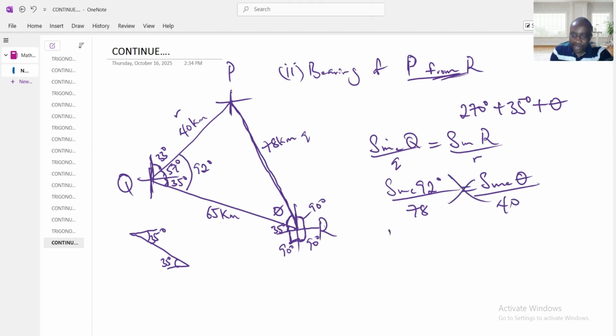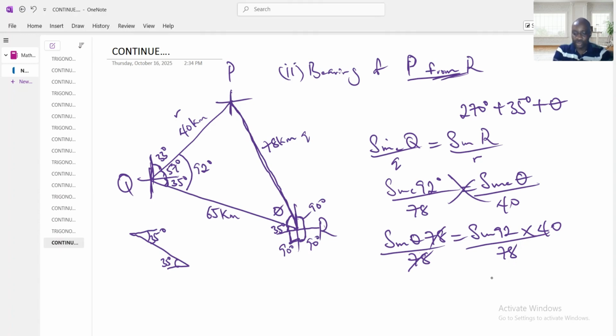The next thing we are going to cross multiply. We have 78 sine theta equals sine 92 degree multiplied by 40. Divide both sides by the coefficient of sine theta, which is 78. Now let's use our calculator. Sine 92 is going to give us 0.99939 multiplied by 40.